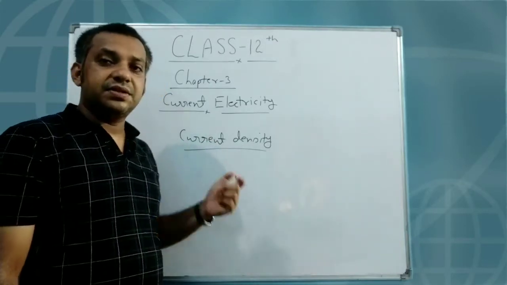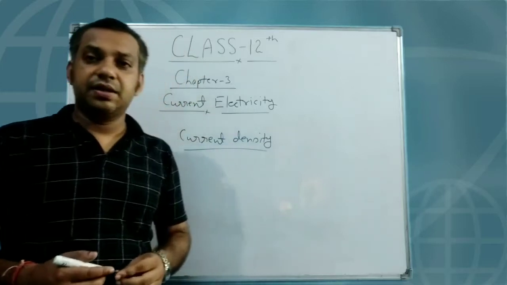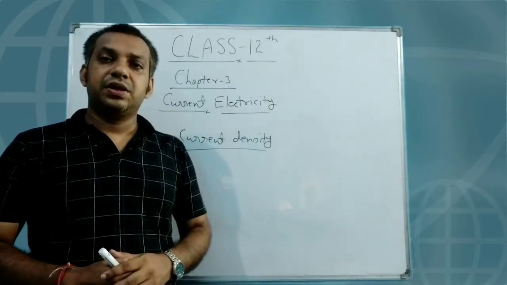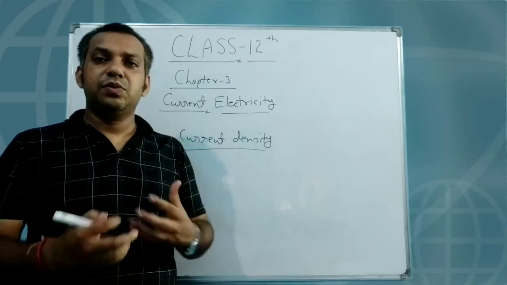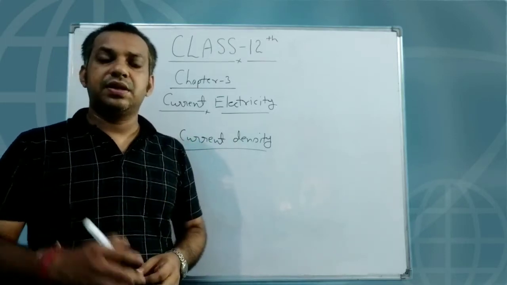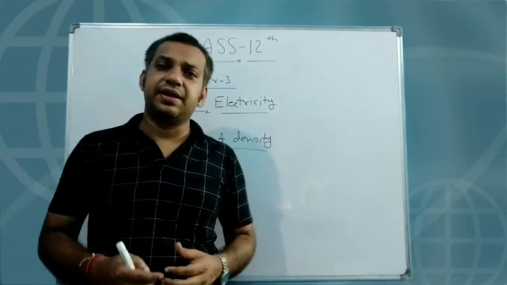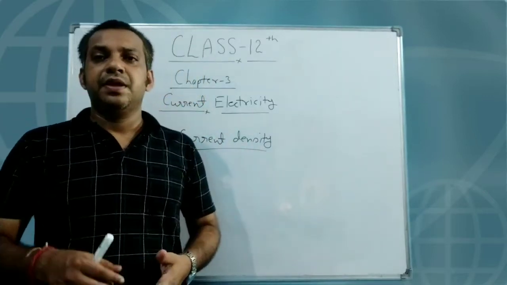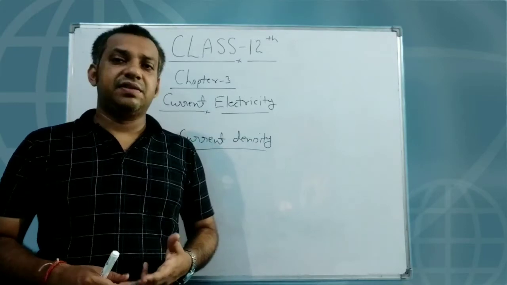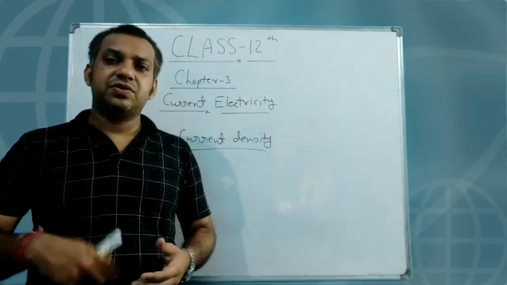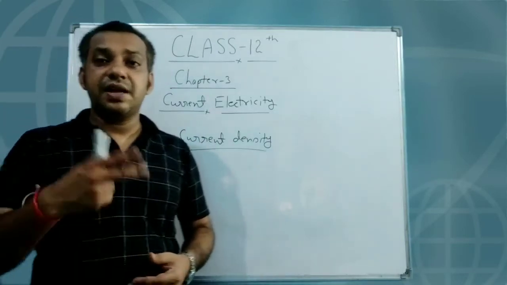After that we will discuss the electronic model for conduction, that is, how the electrons move during conduction. For that we will have parameters like mean free path, relaxation time, and drift velocity. On the basis of these terms we will derive Ohm's law.